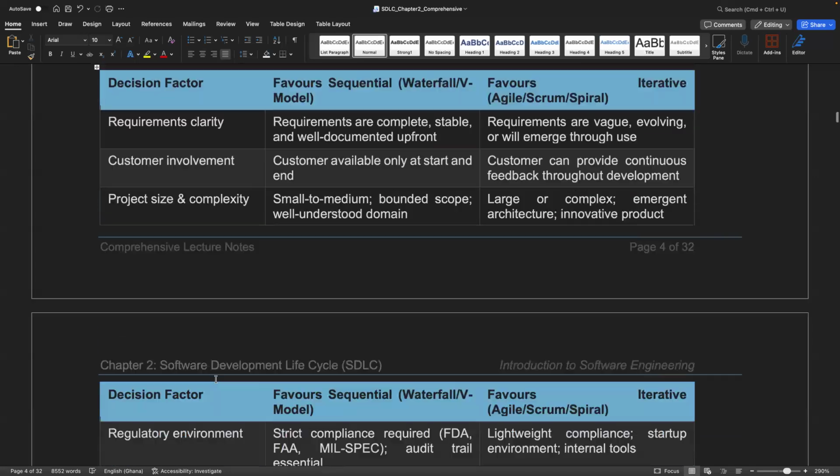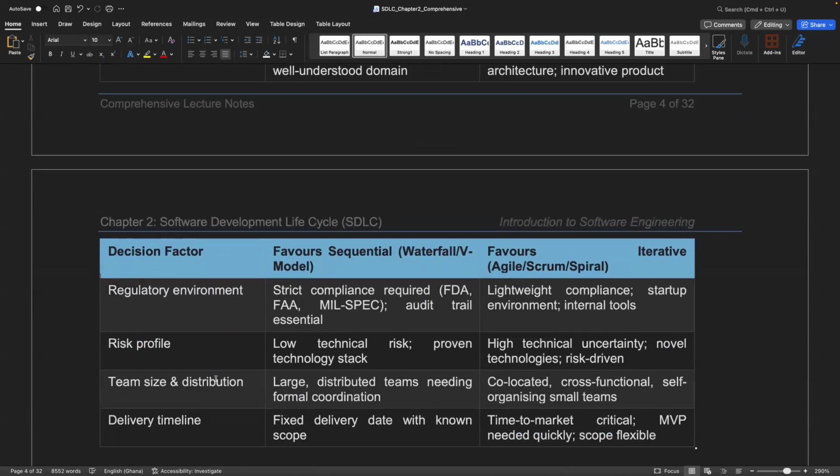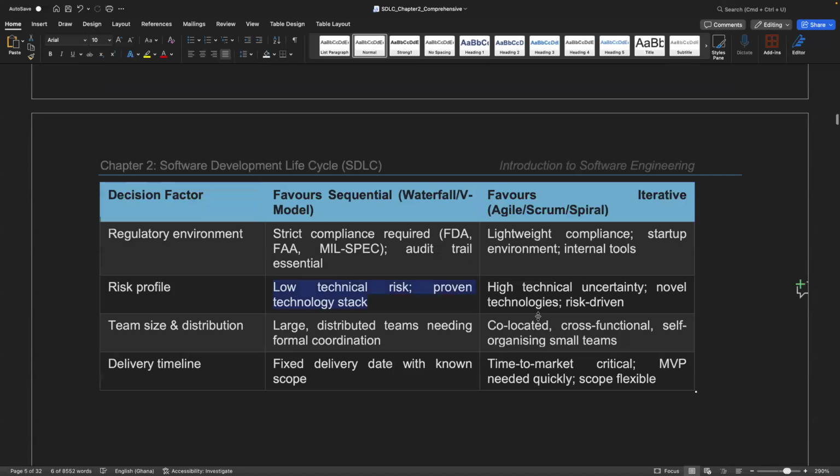Now let's move on. Now, regulatory involvement, where we look at some standards. In terms of the build standards, it is very, very essential in all of them. Then the risk profile, since it's a medium to small project, it is very well low, whilst the other one is just the opposite.